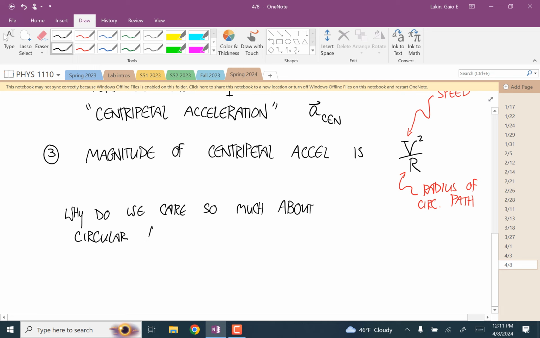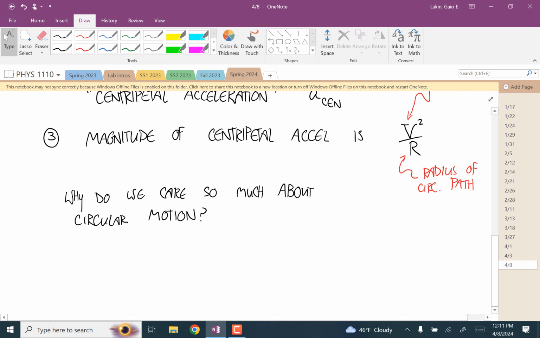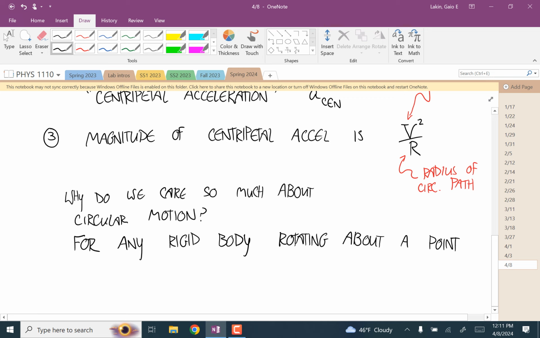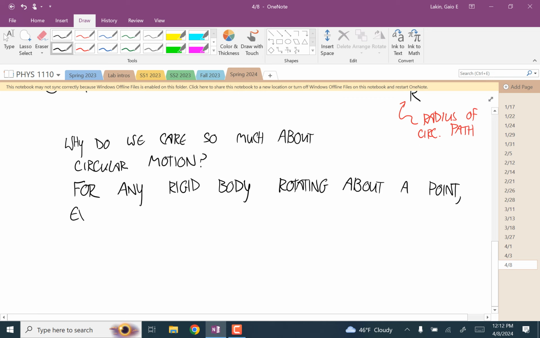Really, the answer is for any rigid body rotating about a point, every point on that body follows a circular path.